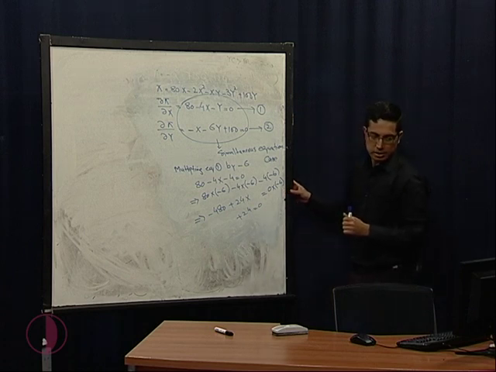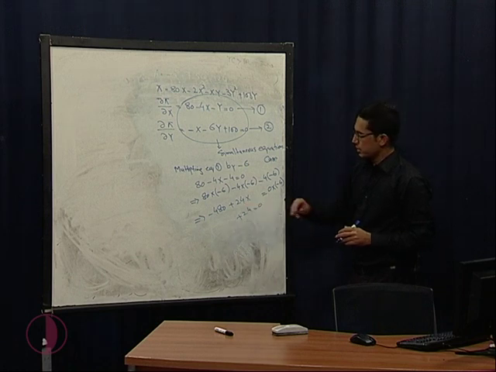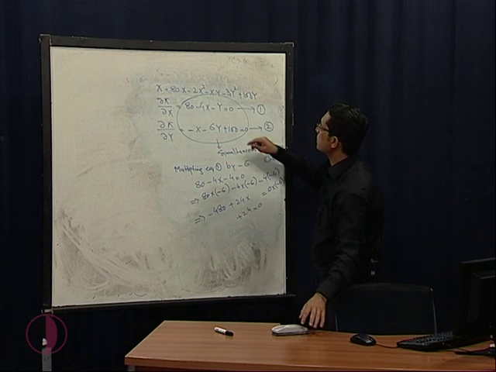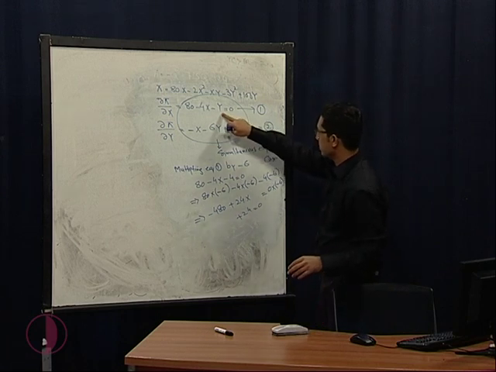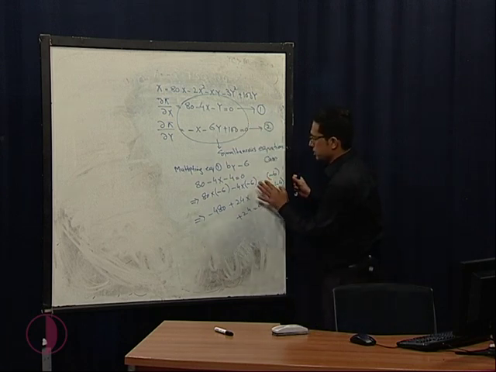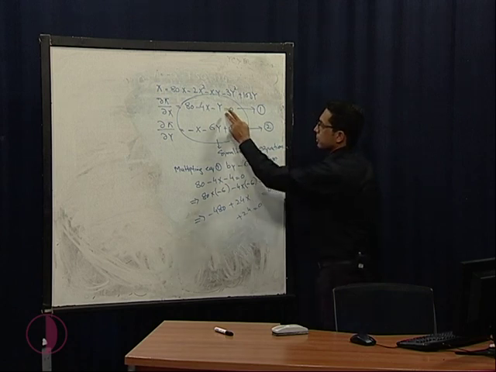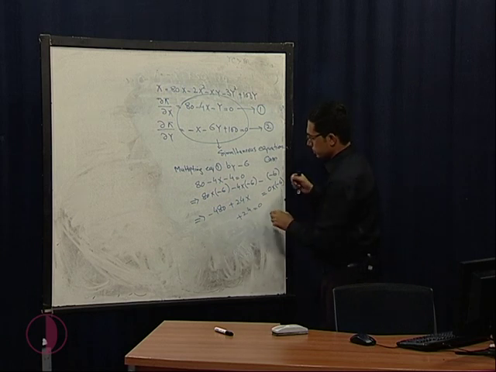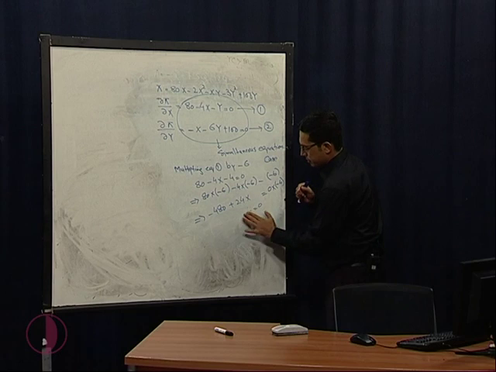This is minus 480 plus 24x plus 6y. Let me check. Okay, yes, here we don't have 4. This is just minus 6. Here we have minus 6.